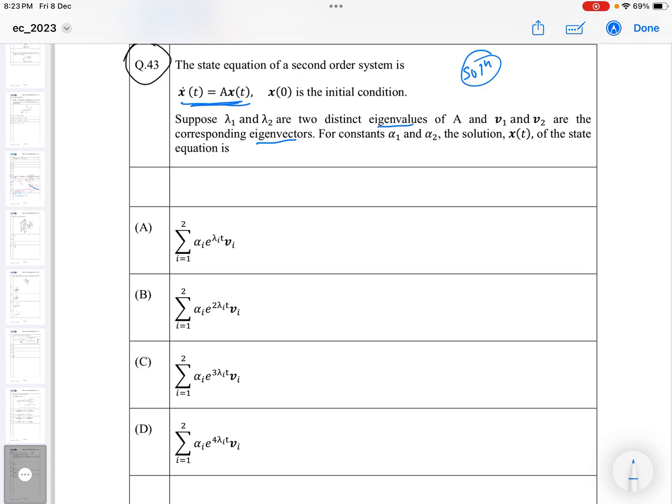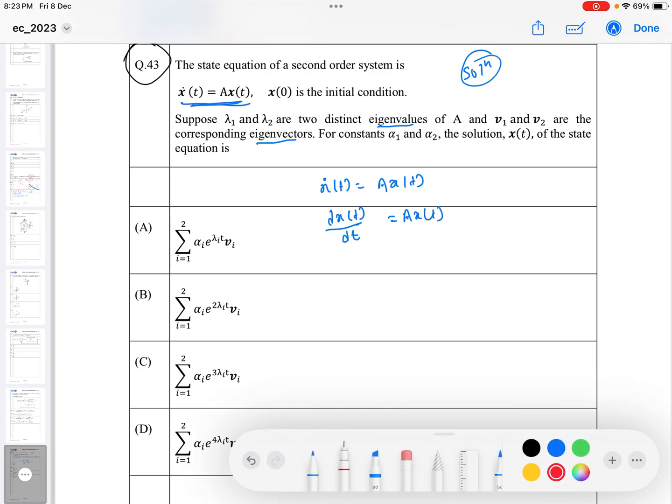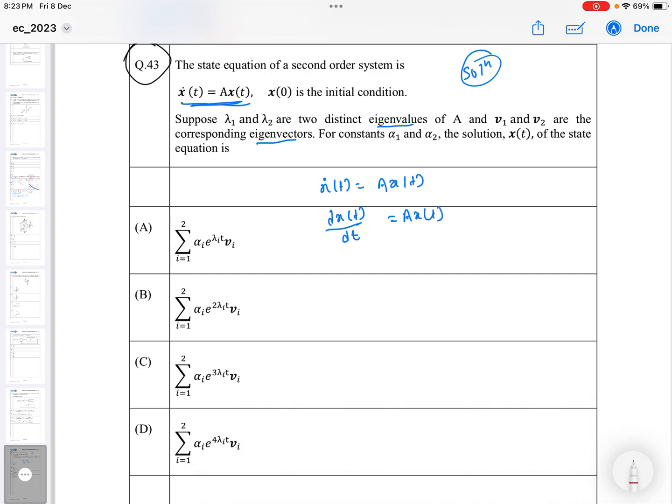So let me just give you a hint. We have been given x dot t is equal to A x t, right? This is nothing but dx(t) upon dt, and A x(t). So what would be the solution? The solution for this would be x(t) is equal to e to the power A t.